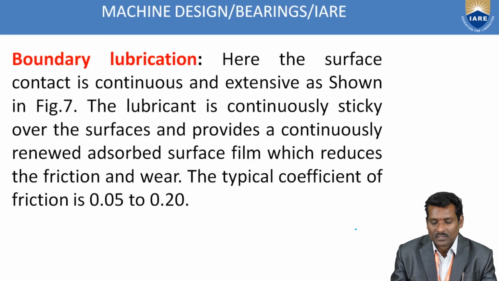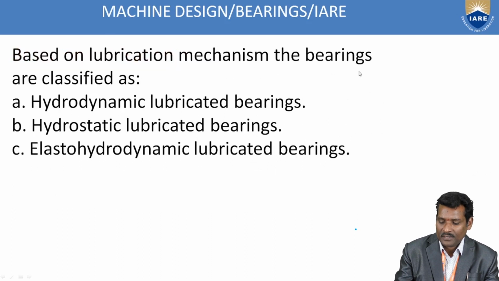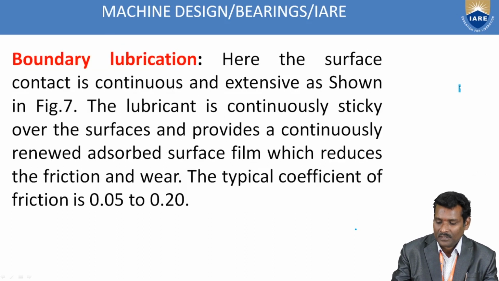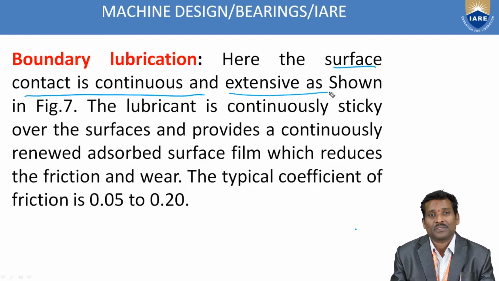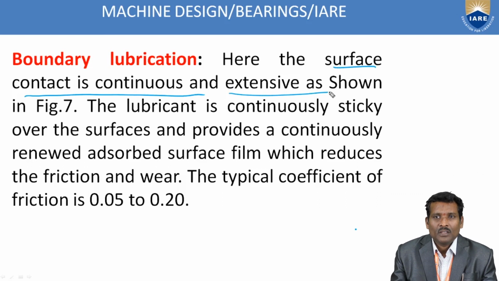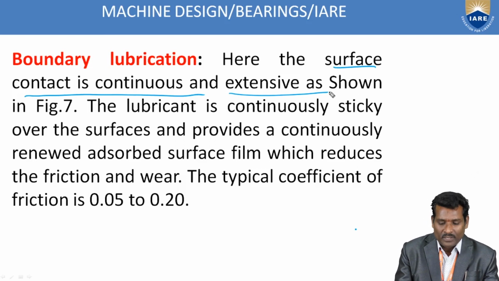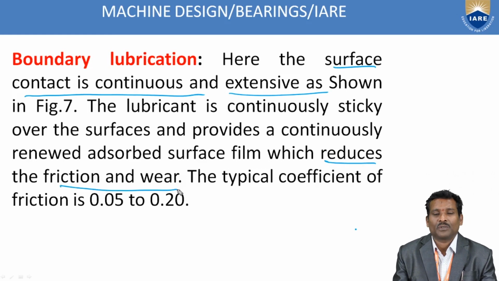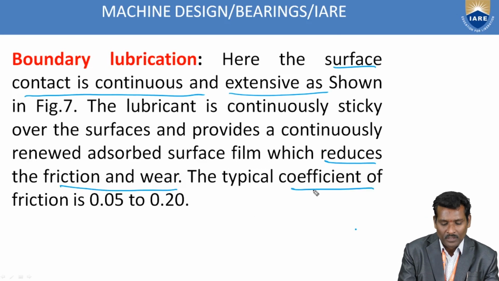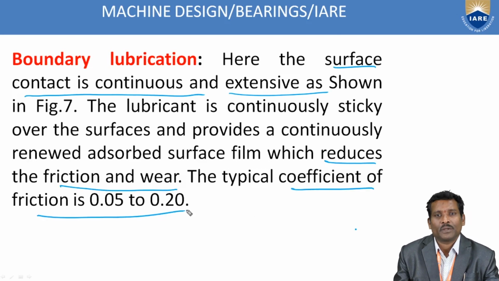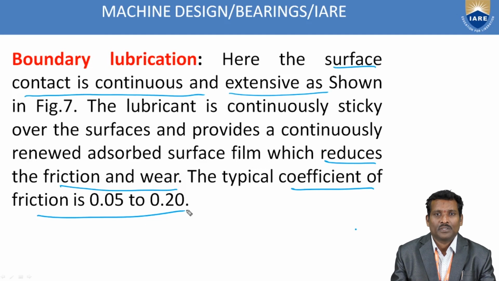In this, the surface contact is continuous and extended, as shown in the figure. So there is a possibility of continuously sticky surfaces, and the friction reduces friction and wear. Coming to the coefficient of friction, the value is 0.05 to 0.20.